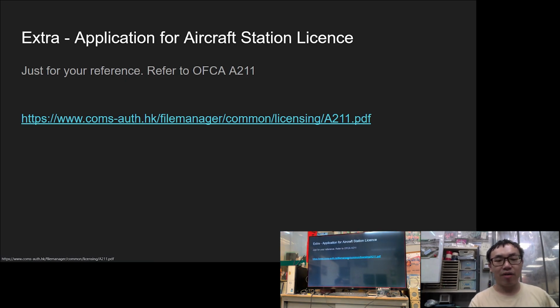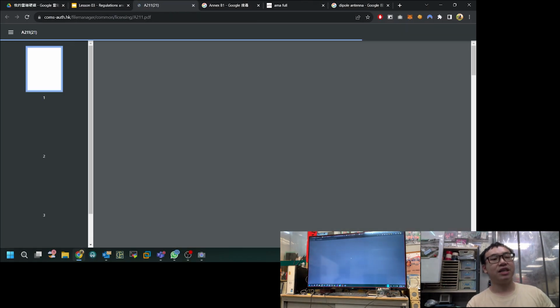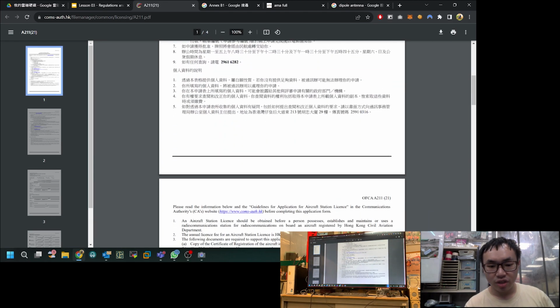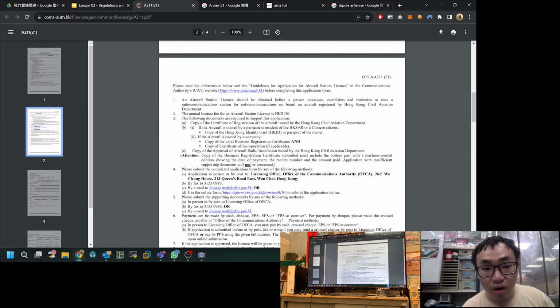Okay, and aircraft. I searched on the web and I didn't find any information for satellites. But for aircraft, you have to seek application from the Hong Kong Civil Aviation Department and OFCA at the same time.